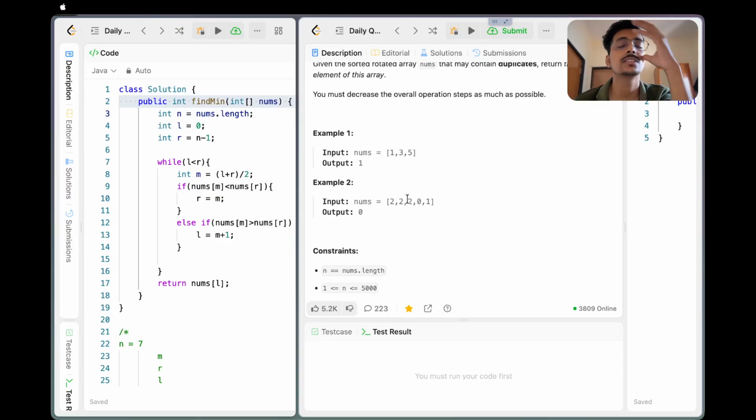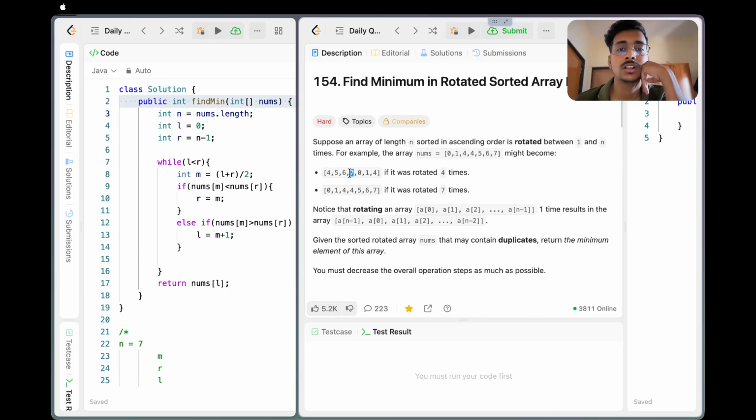Okay, but there might be a scenario where it will not work, like this one. No, it's okay. First take this example, then I will take my example.